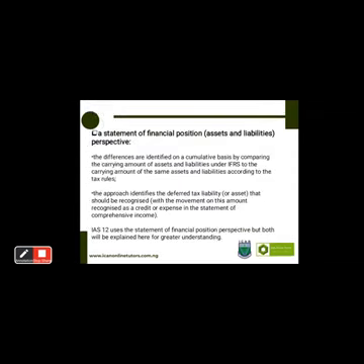For the statements of financial position, that is the asset and liabilities perspective, the differences are identified on a cumulative basis by comparing the carrying amount of assets and liabilities under IFRS to the carrying amount of the same assets and liabilities according to the tax rule.